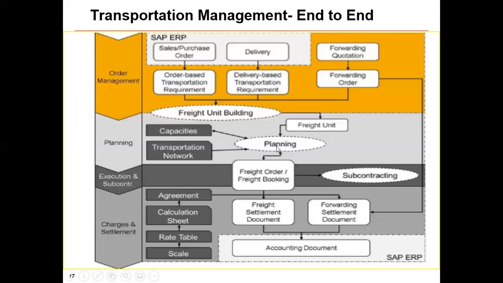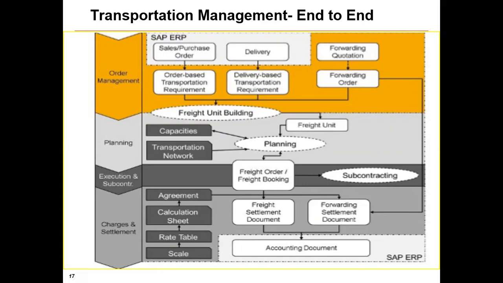Now, we create the freight order based on the planning process outputs. Now it is bidirectional. Why? Because let us suppose that there is any change in the planning, due to a change in capacity scheduling, resource scheduling, or a transportation network problem, or any freight unit requirements or customer requirements change.